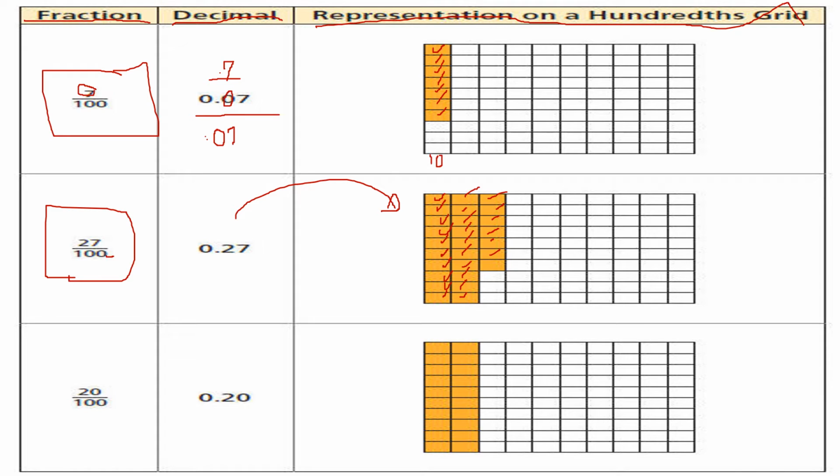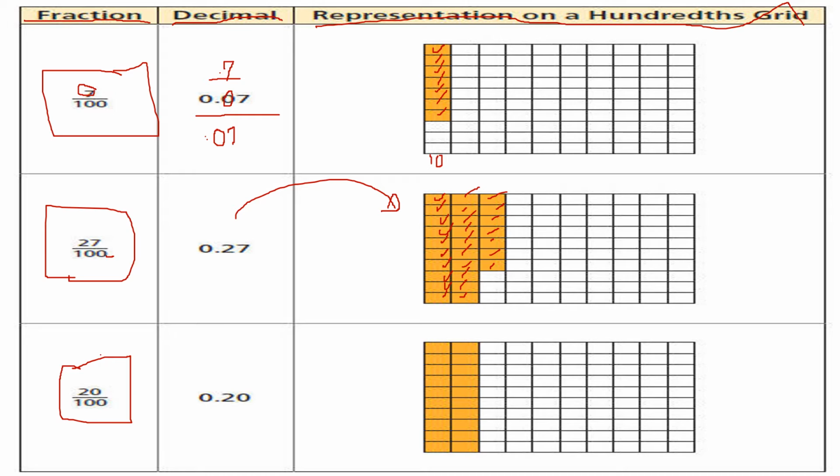There are 100 boxes. The shaded part is 27. That is our numerator. And our denominator, which is 100, that's the number of all boxes. Understand? Okay, next we have 20 over 100.